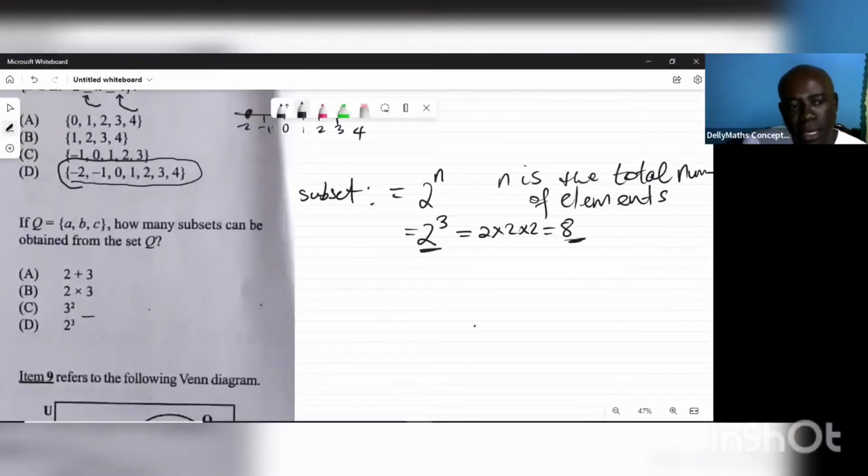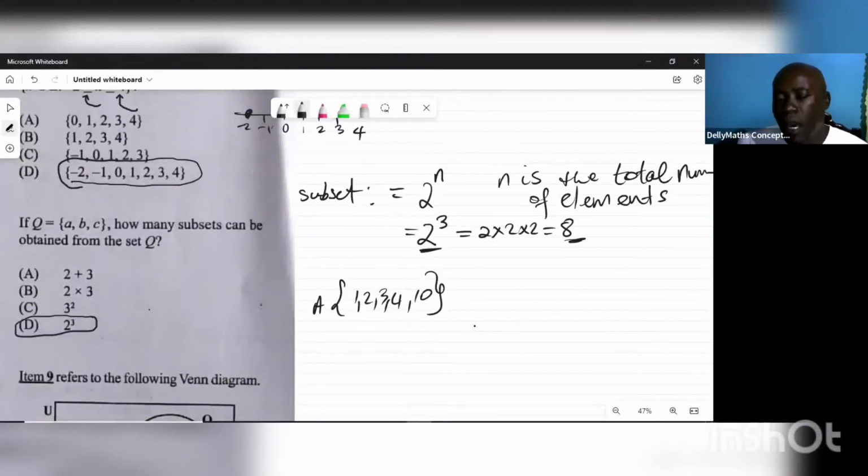As you could see, they ask us in this format, 2 to the third. That's the principle. So if there are 4 elements, it's 2 to the 4. Let us say we have A, and we have 1, 2, 3, 4, and 10.